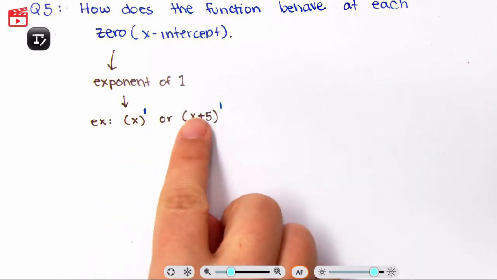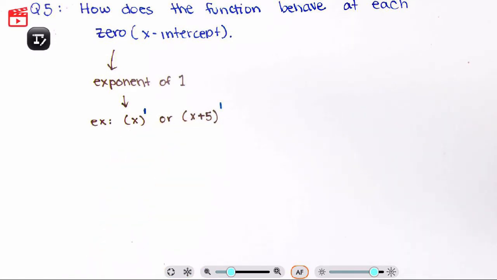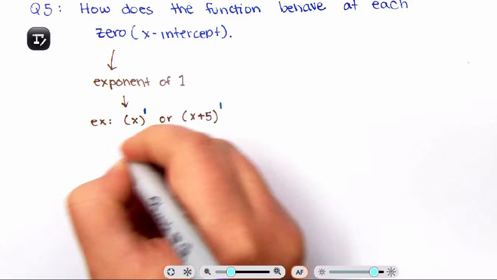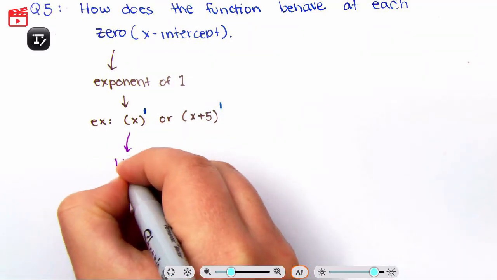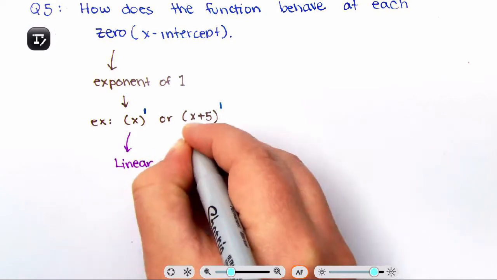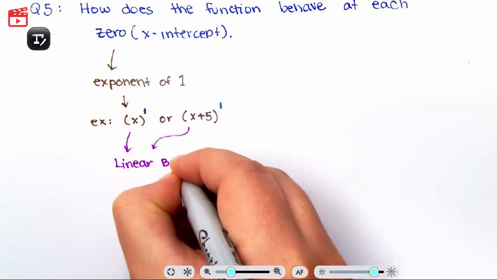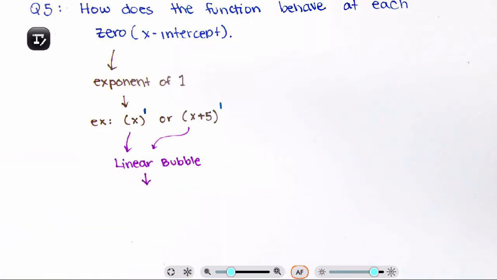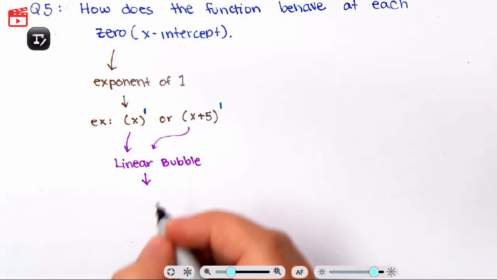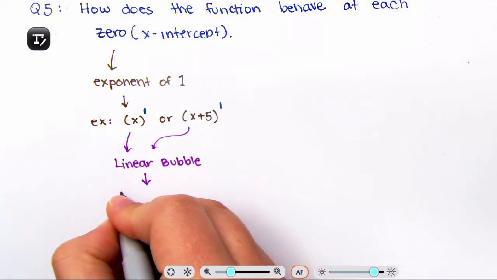If you have an exponent of 1, that means that bubble is linear. If you have a linear bubble, you will have a line going through that x-intercept.